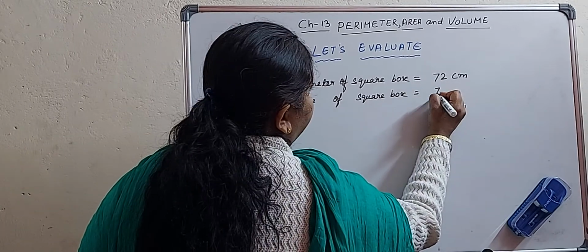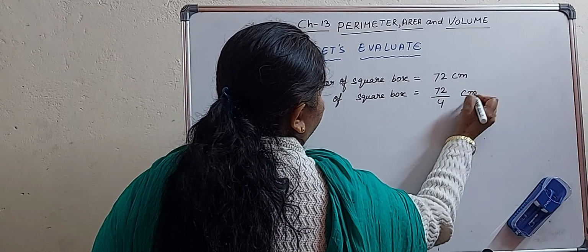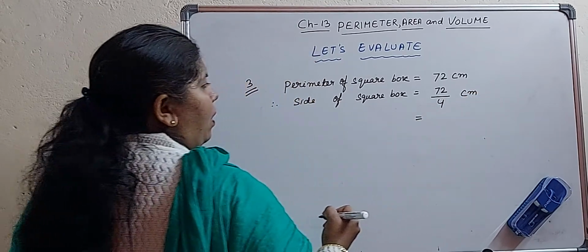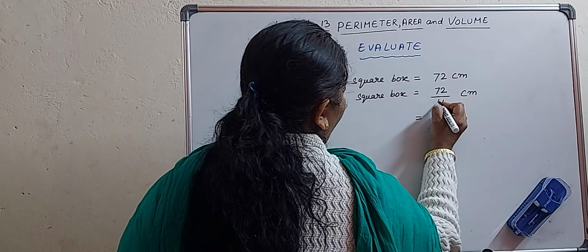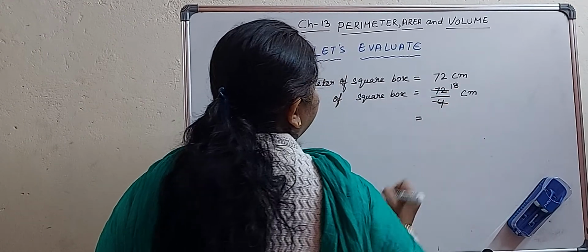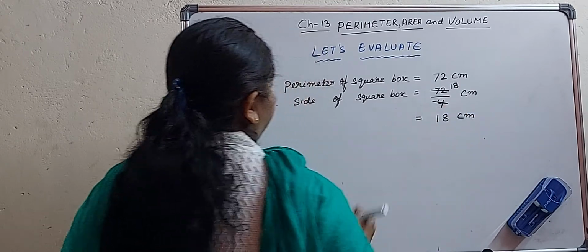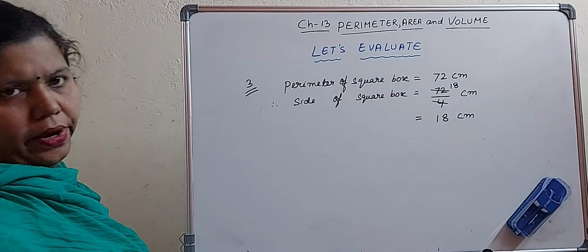You have to divide it by 4. That much centimeter. So, how much will it come? 4 1s are 4 and 4 8s are 32. So, 18 centimeter. That is the side of the square box.